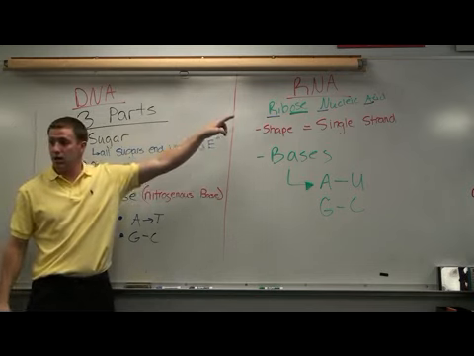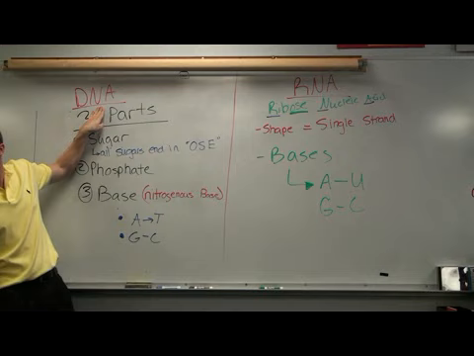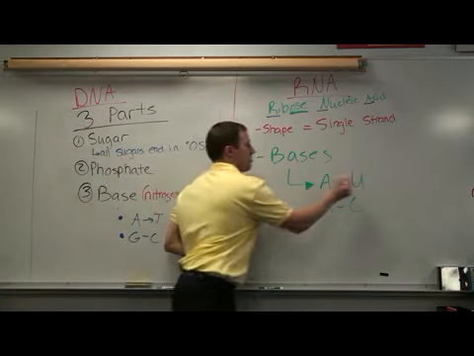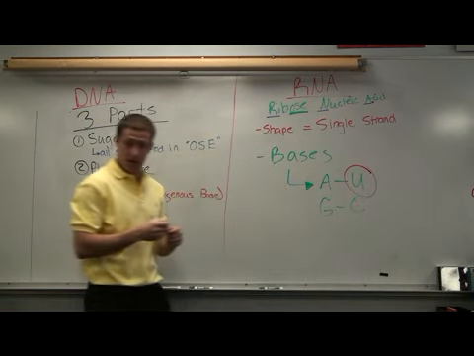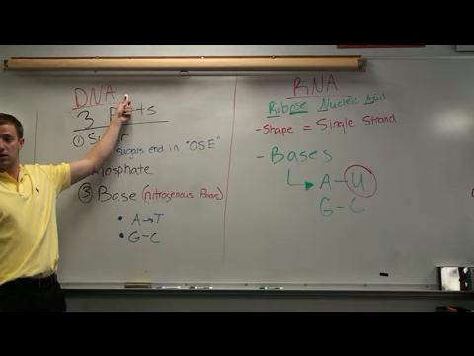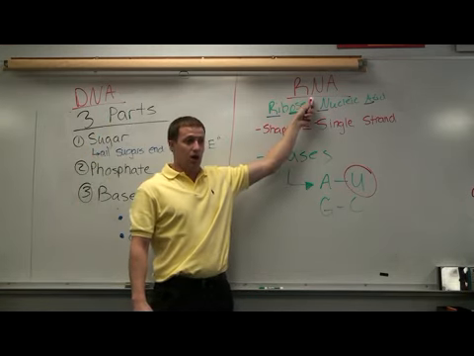Never. If it has T's, it's got to be DNA. If it has U's, it's RNA. So this is the big difference right there between RNA and DNA. If it has T's, it's DNA. If it has U's, it's RNA.